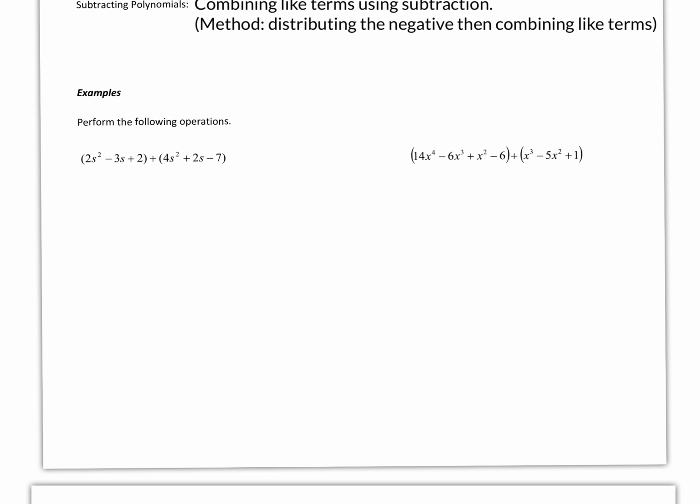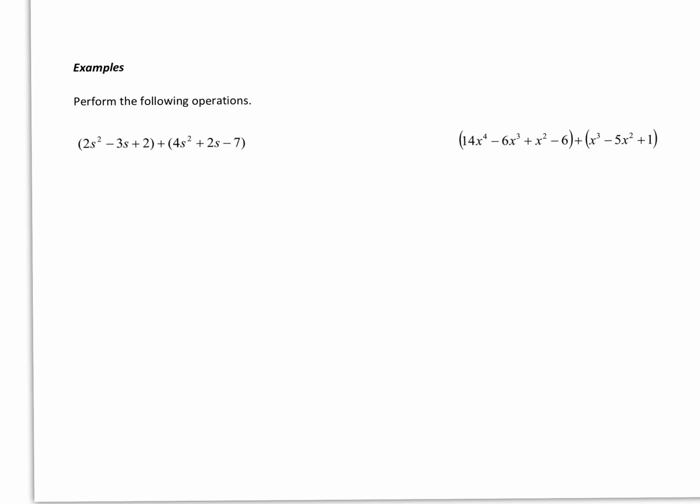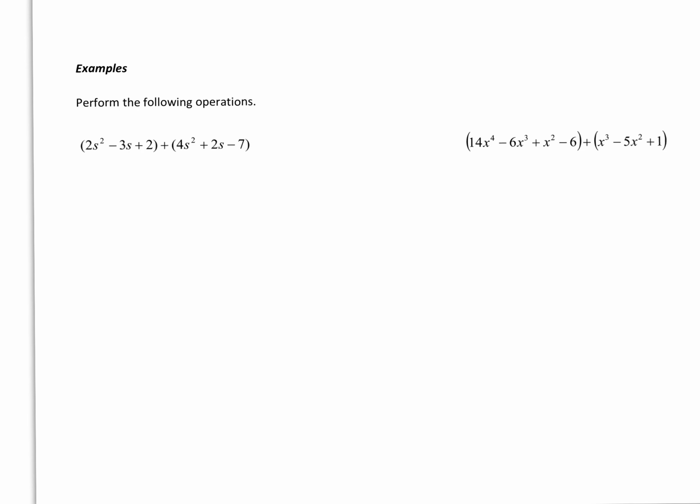Okay, let's look at some examples here. Looking at this first example, perform the following operations. So we have two polynomials with addition. This is adding two polynomials together. Let me erase this, because when we add two polynomials, we just want to combine like terms, going back to our definition.